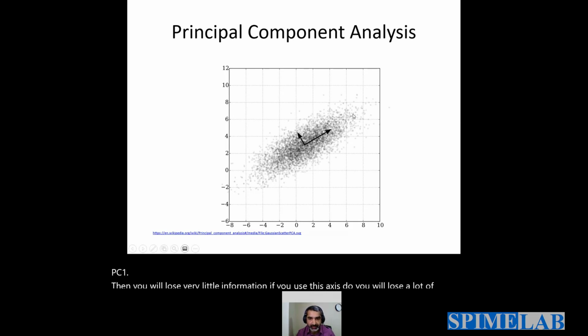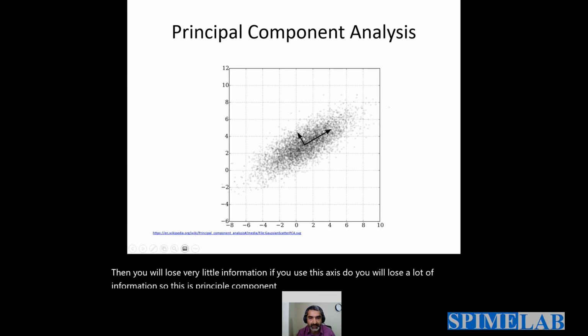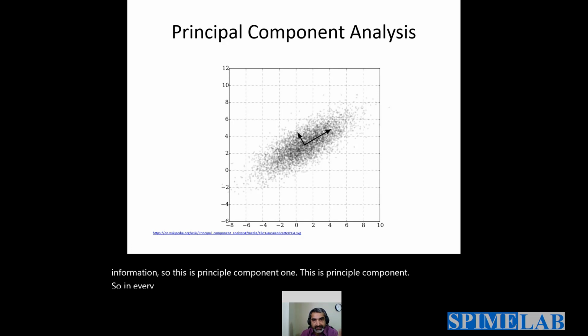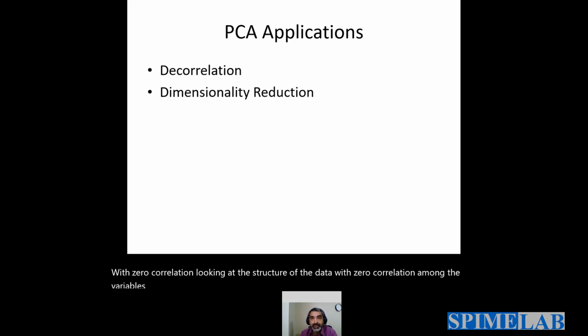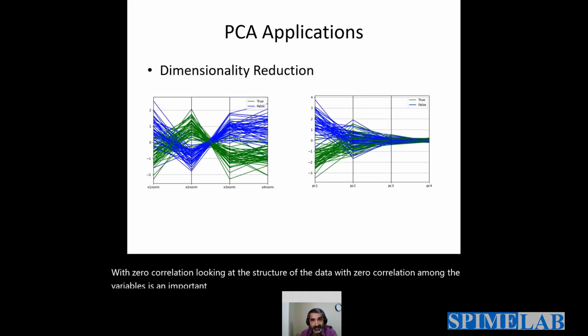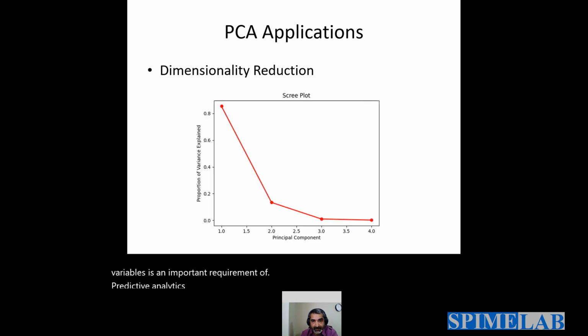So this is principal component 1. This is principal component 2. So in every data set, if there is a correlation, you want to decorrelate it and look at the structure with zero correlation. Looking at the structure of the data with zero correlation among the variables is an important requirement of predictive analytics. Got it?